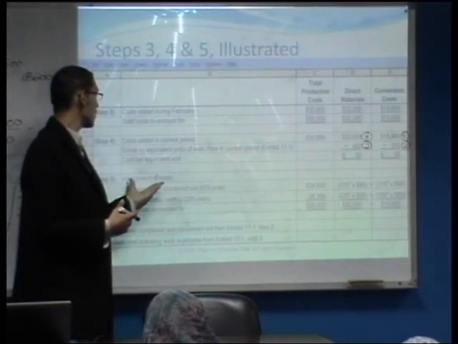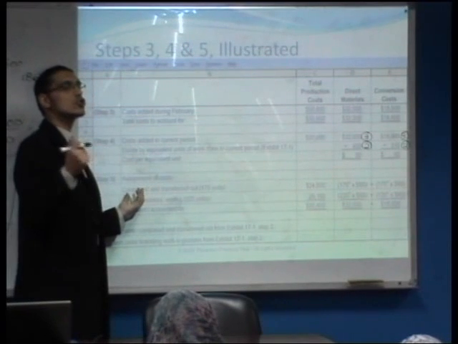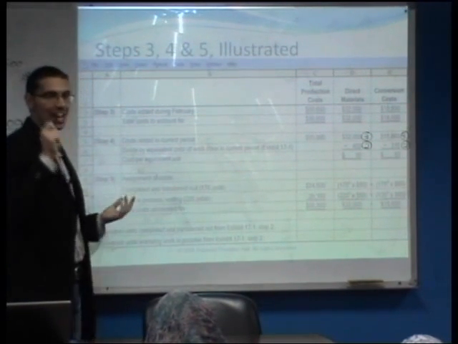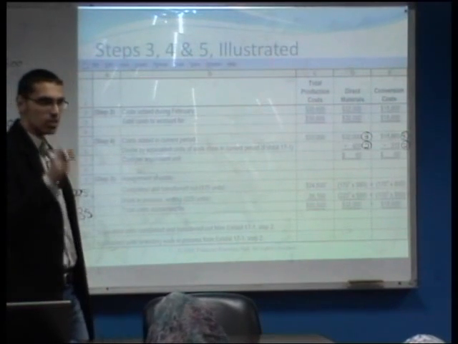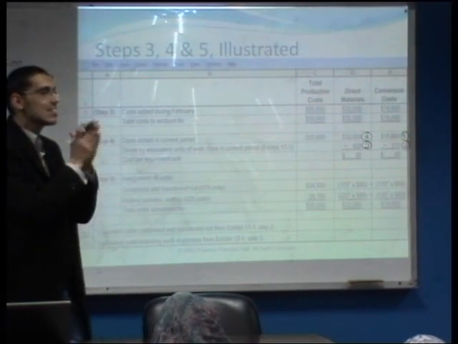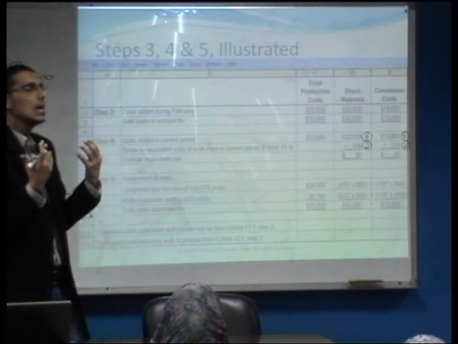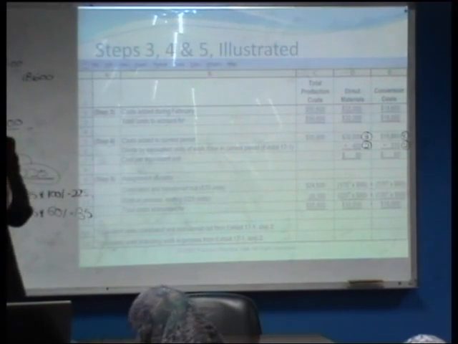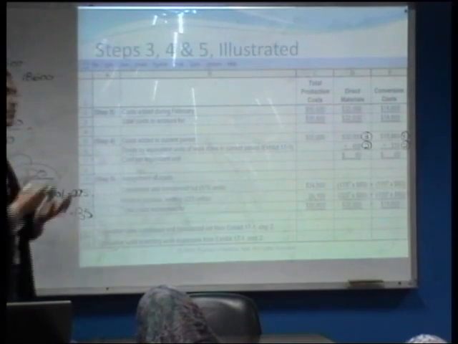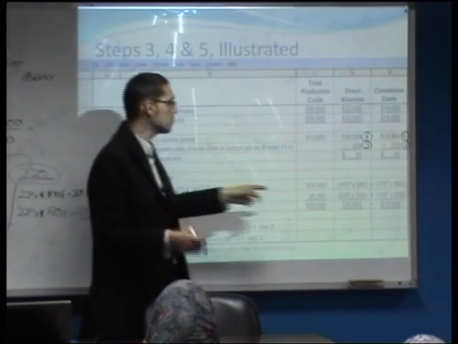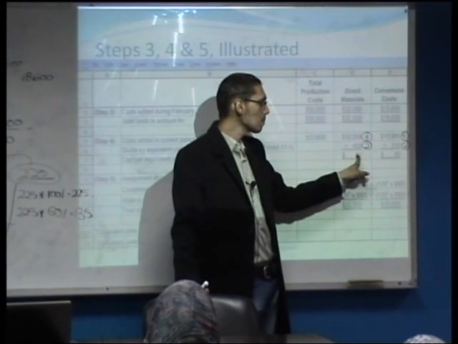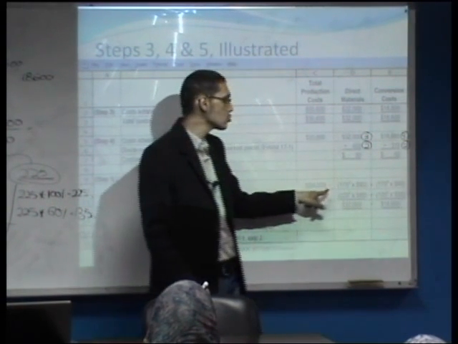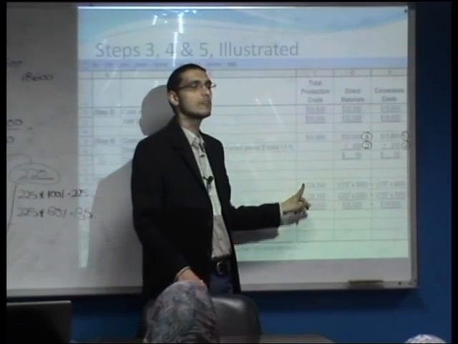Of course, first of all, the completed and transferred out units. We need to assign the cost to the 175 units. Of course, the 175 units would be multiplied by $80, and by $60, and the addition of these two amounts would give us $24,500.